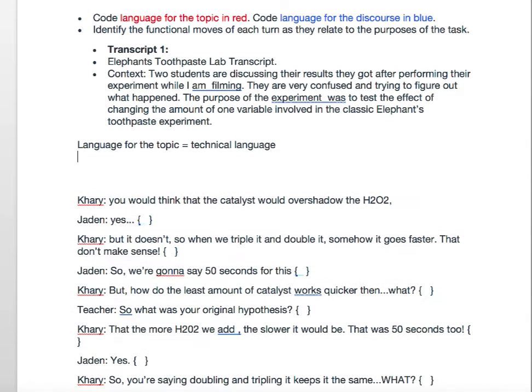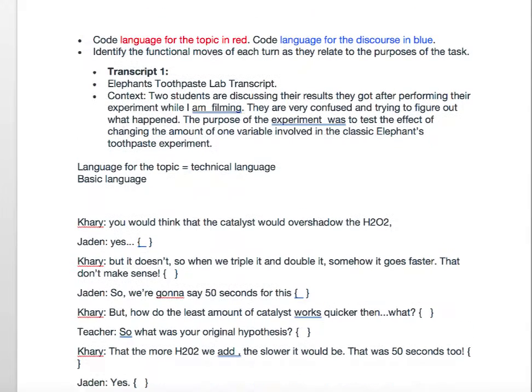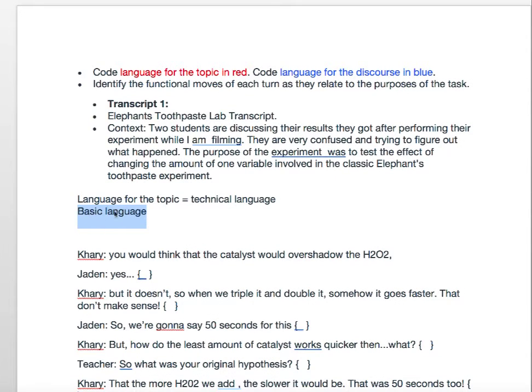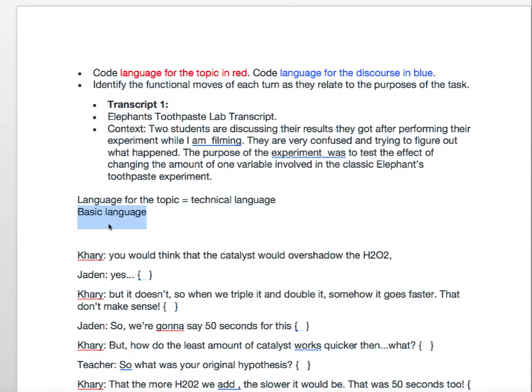However, what we also know from interaction is that learners shift style, or shift register, and for purposes of interaction use basic language, very common words, non-technical language, but they're still talking about the topic. And I think what we're trying to do for all learners, especially language learners, is acquire this basic language first because it's part of BICS, and we want to push them towards technical language.